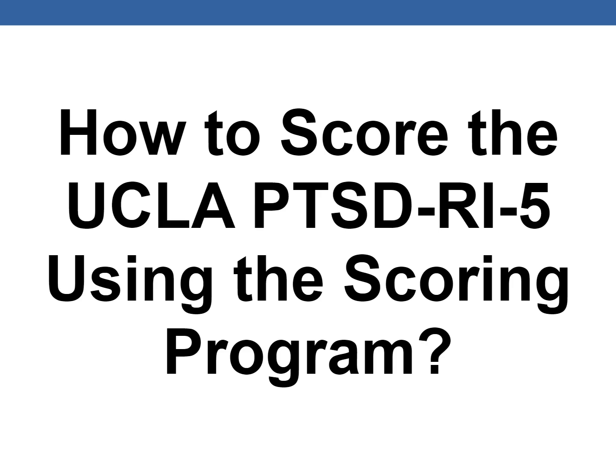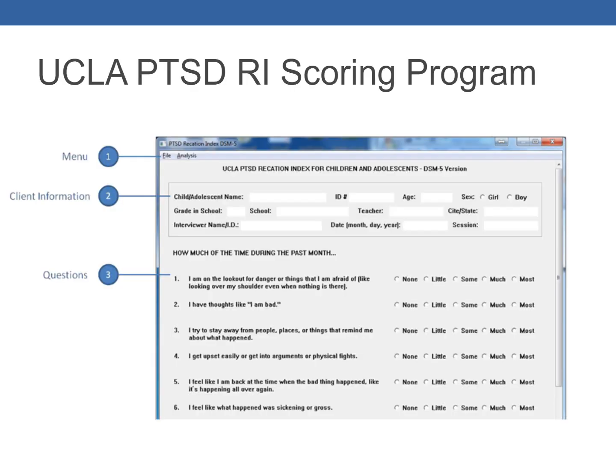You also have access to a scoring program within your UCLA PTSD RI license. In the scoring program, the data entry fields match what is on the demographic and reaction index portion of the UCLA PTSD RI and are pretty self-explanatory. As you can see here, you will enter the client information first and then the answers from the reaction index section of the measure.